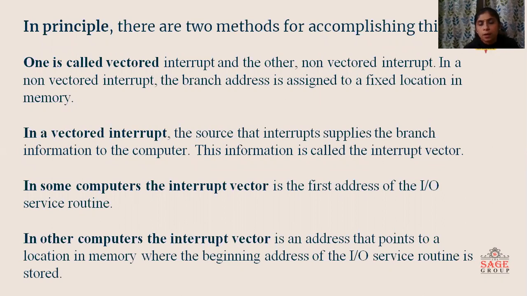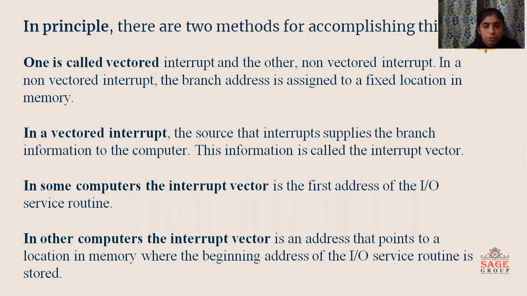Here, there are two methods for accomplishing the data transfer. One is called vectored interrupt and the other is non-vectored interrupt. In non-vectored interrupt, the branch address is assigned to a fixed location in memory. In a vectored interrupt, the source that interrupts the CPU supplies the branch information to the computer.